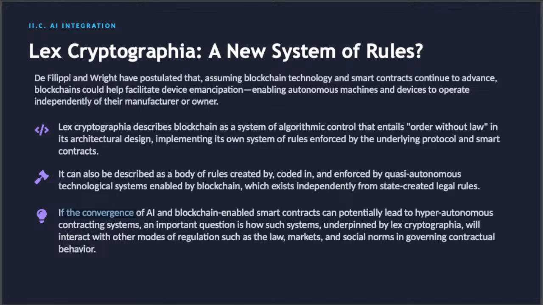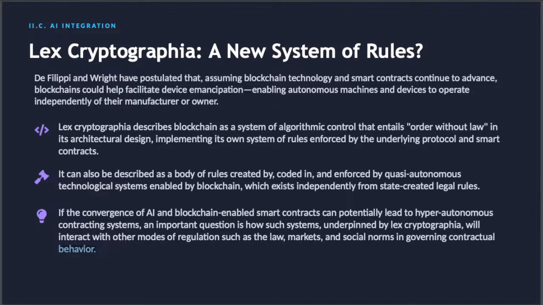If the convergence of AI and blockchain-enabled smart contracts can potentially lead to hyper-autonomous contracting systems, an important question is how such systems, underpinned by lex cryptographia, will interact with other modes of regulation such as law, markets, and social norms in governing contractual behavior.